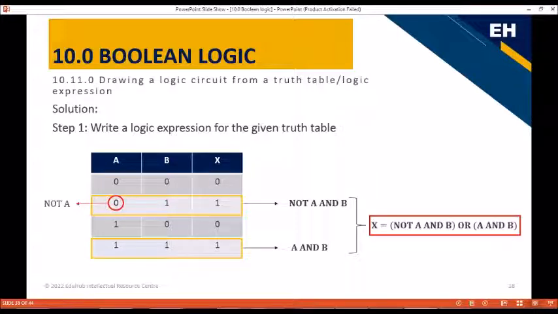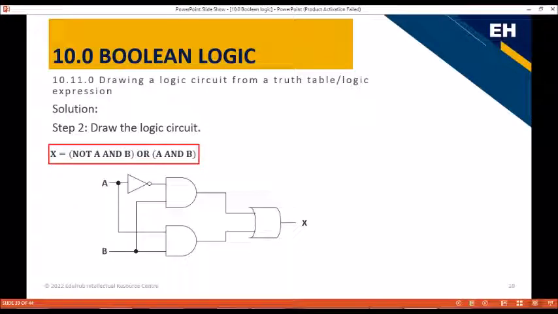Okay, having done this, we draw the logic circuit. How do we draw the logic circuit? We take it bit by bit.